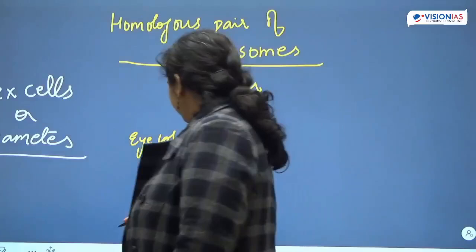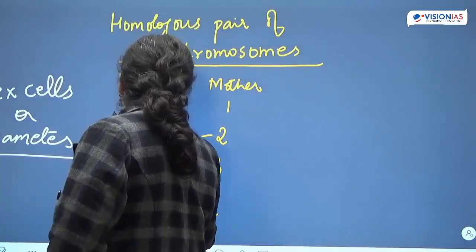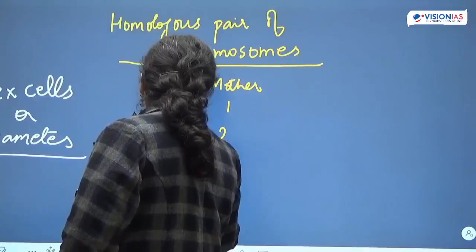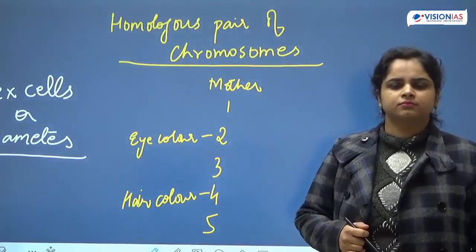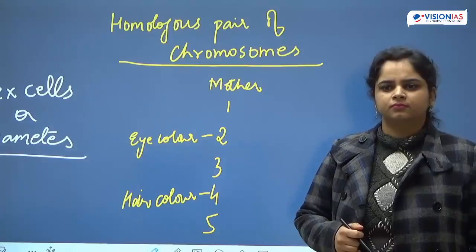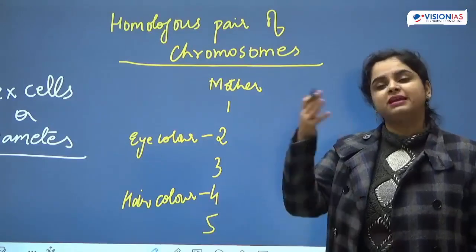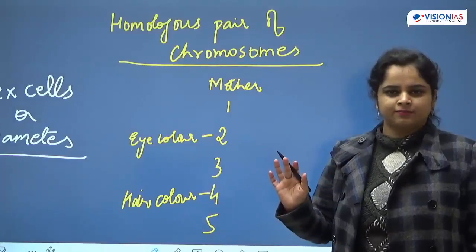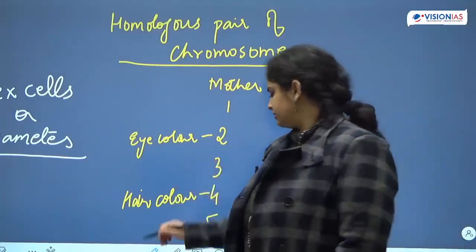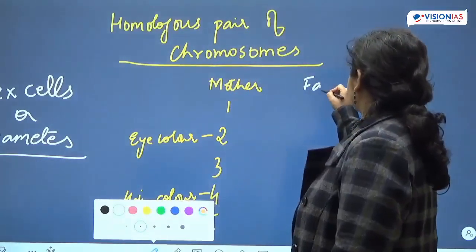Chromosome number 4, for instance, contains the gene for hair color, out of the many other genes this chromosome has. Now let's see what the father is bringing.